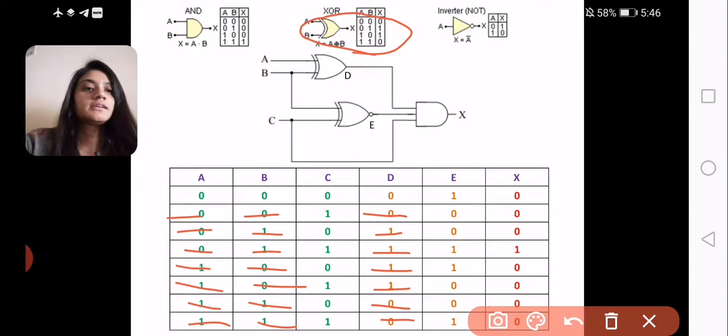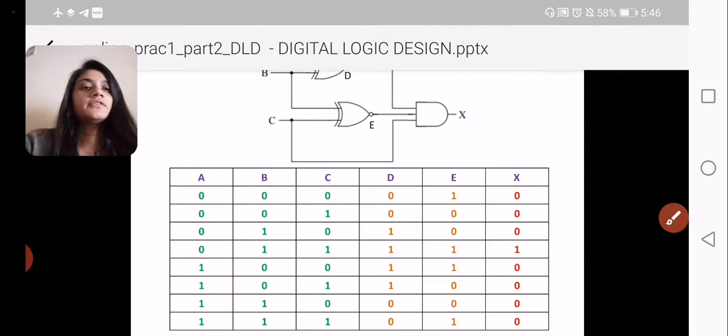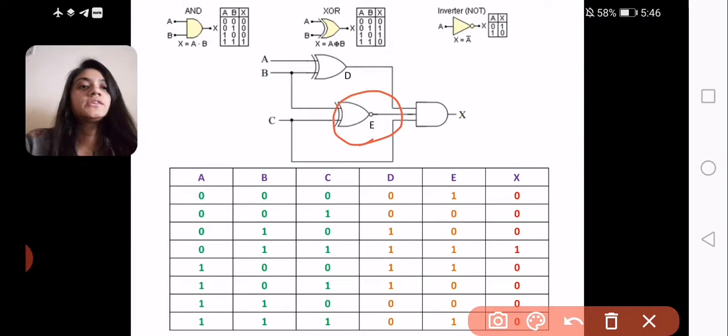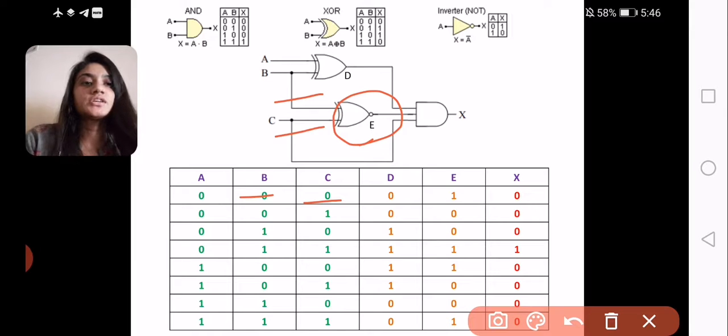Okay. Now we have to find this E. So what is E? B and C and its XNOR operation. B and C XNOR. So 0 0 same, that means opposite of XOR operation. So same bits in the XOR will give answer 0, but in the XNOR it will give 1. Same bits, 1.